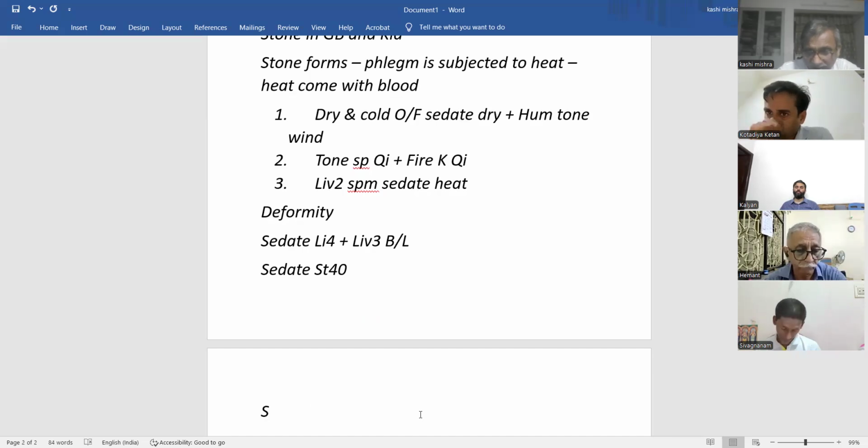SP3 spleen, tone, sir. SP3 is heat of heat, very young.